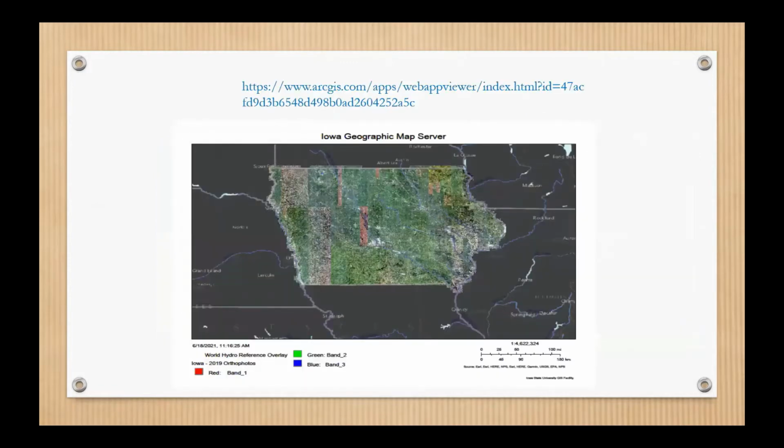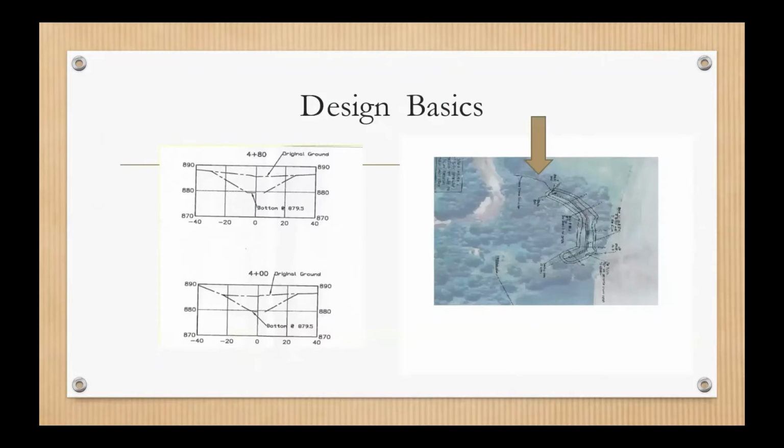I should also add another important feature of design is that you really need 50% or less tree cover around an oxbow. So this one that is in the picture to the right, they're probably going to have to be doing some tree removal there. That's because of the leaves.